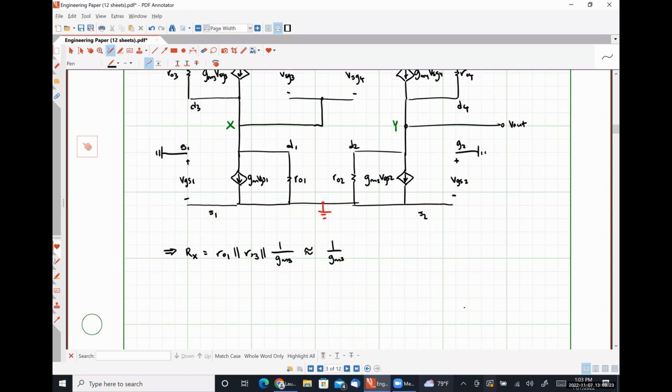Since we're looking for resistances specifically, we have our input terminals effectively shorted out, which means that the current source GM1 VGS1 is going to behave like an open circuit in this particular calculation.